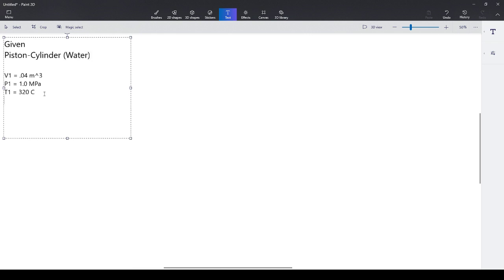And then it says the water expands adiabatically to a final pressure of 0.1 megapascal. So what that means is the following: whenever it says expands adiabatically, what does this mean? Let's see how the noobs in the chat get this one. It's without heat.